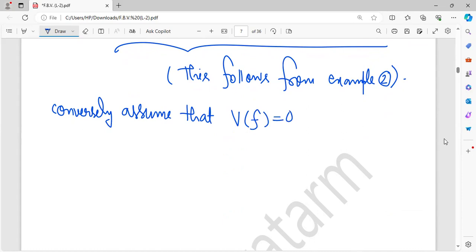So if Vf is 0, it means supremum of Sp over partition is finite. It means f is a function of bounded variation.